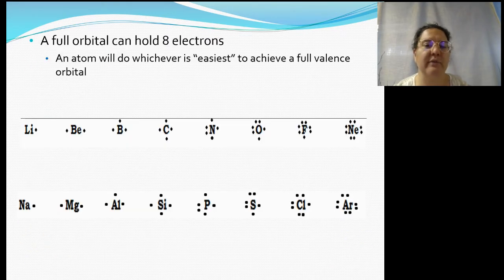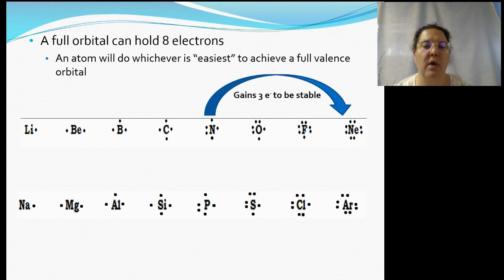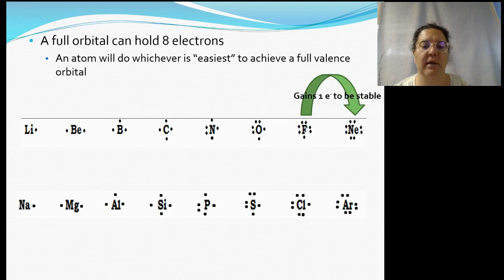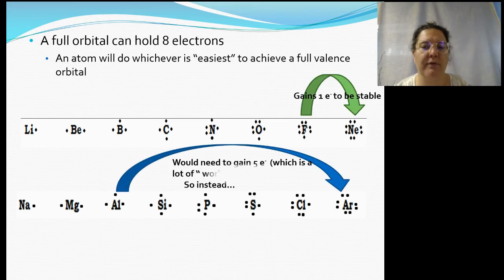So an atom will do whatever is easiest to achieve a full valence orbital. So nitrogen will gain 3 electrons to be stable, like the neon gas. Oxygen will gain 2 electrons to be stable, while fluorine will gain 1 electron to be stable. Now, for aluminum, it would need to gain 5 electrons, which is a lot of work.